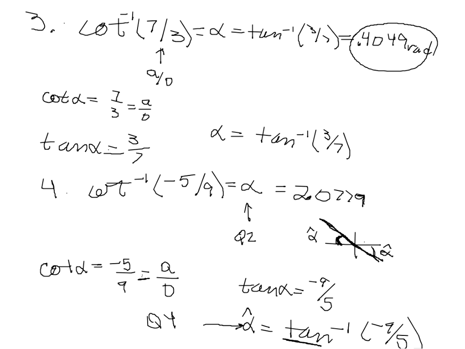And so the answer, what I'm actually looking for, is this alpha right here. And I don't get alpha when I use inverse tangent. I get this alpha hat. So to find alpha, if I take alpha hat in absolute value plus alpha, I'm going to get 180, or pi.